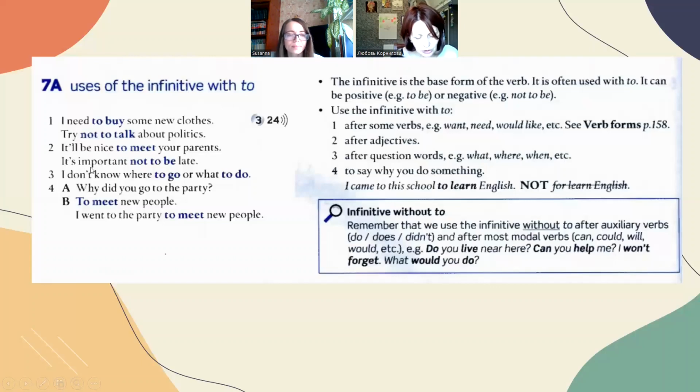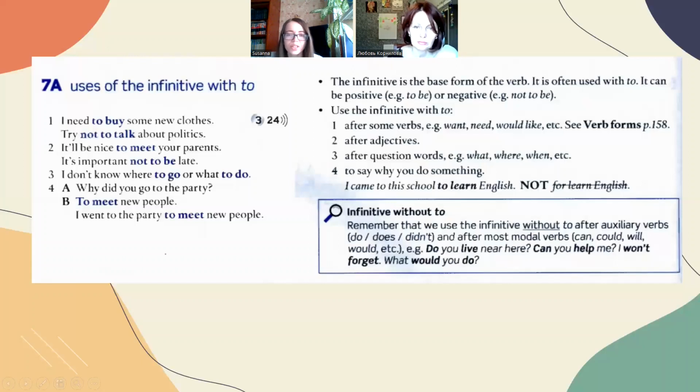It's important not to be late. Yes, we see that nice and important are adjectives. So after adjectives, we need to use the infinitive with to. To meet, positive form, and not to be, infinitive in negative form.